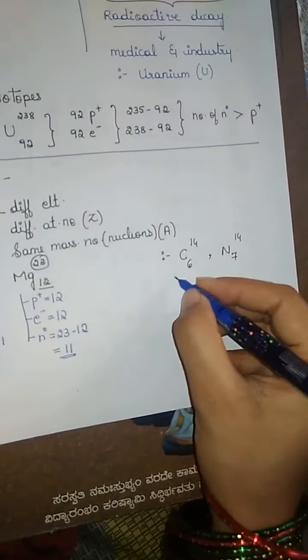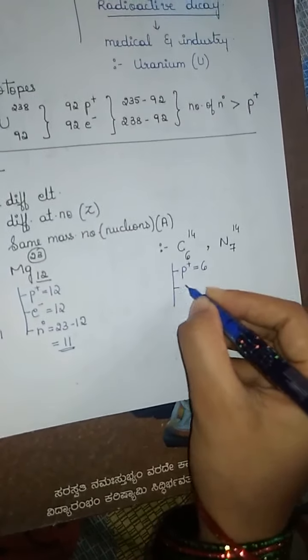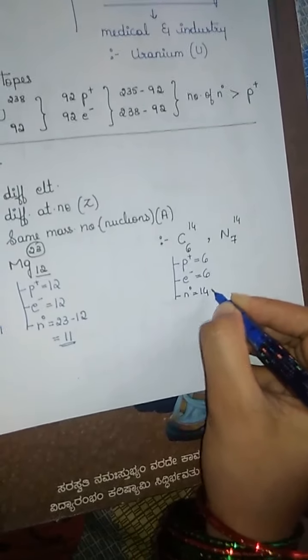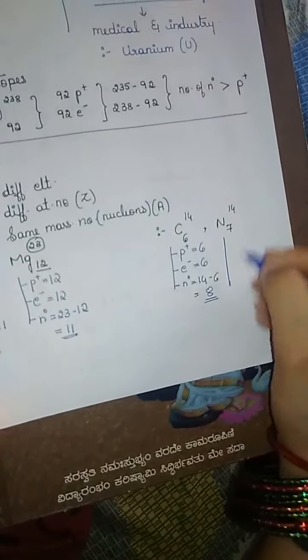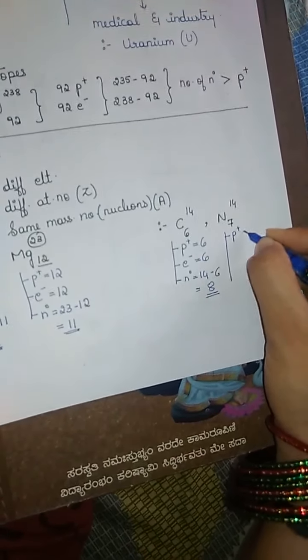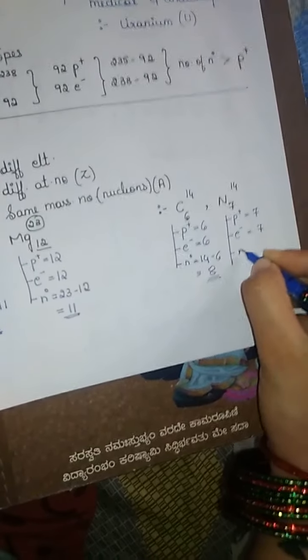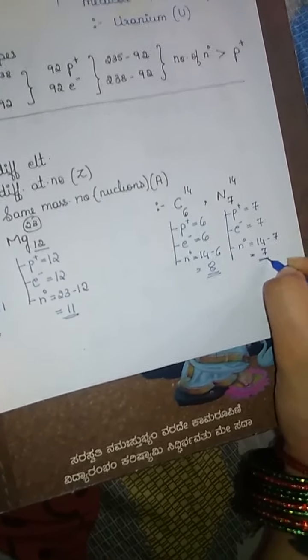So here protons is 6, electrons is 6, whereas neutrons is 14 minus 6, that is equal to 8. In nitrogen, proton is 7, electron is 7, and neutron is 14 minus 7, which is equal to 7 neutrons.